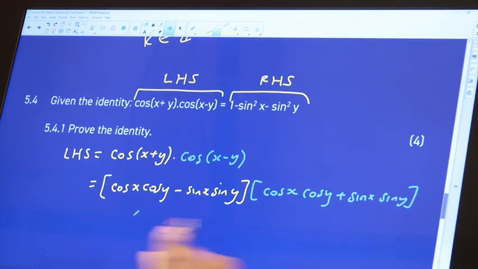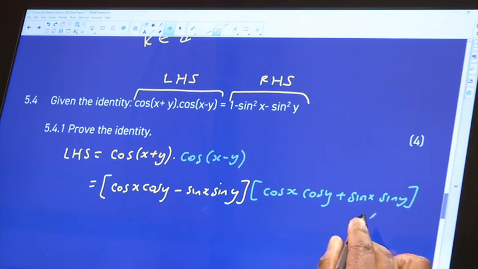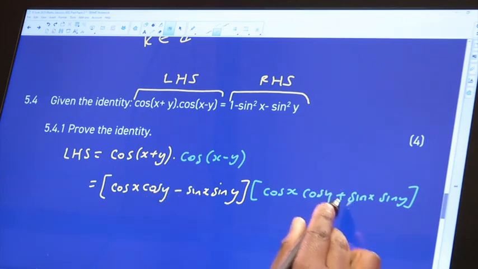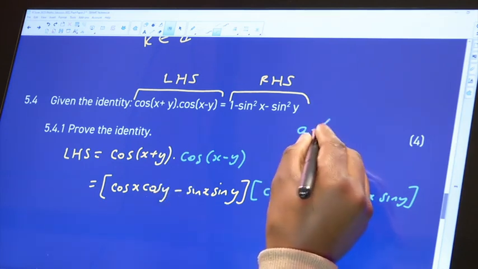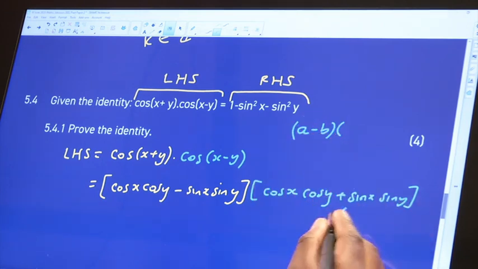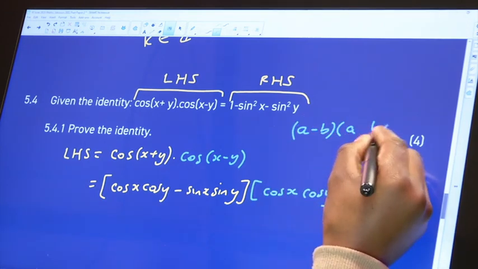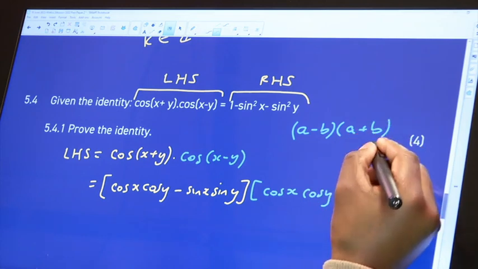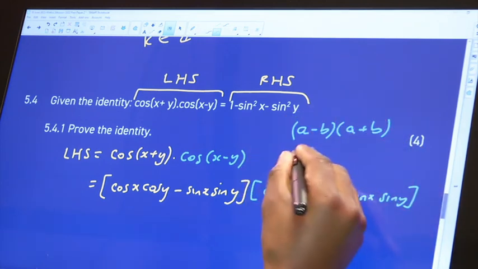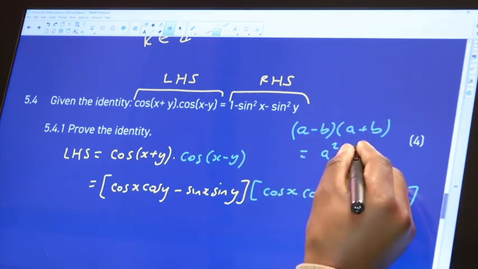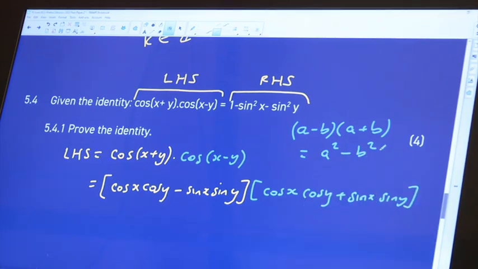It's the same thing in both brackets. One has a minus and the other one has a plus. And we know that this is what will multiply to a difference of two squares: the first one squared minus the second one squared.